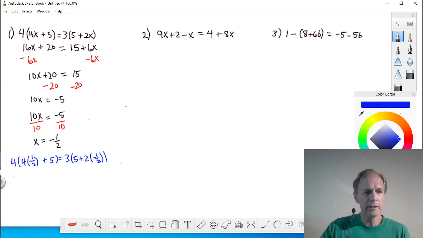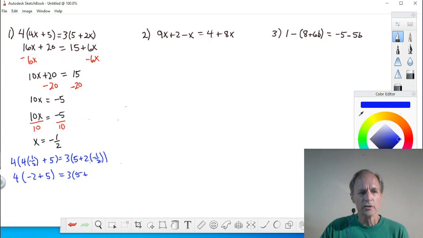Okay, let's plug and chug, see if it's right. 4 times negative 1/2, negative 2. 2 times negative 1/2, negative 1. Okay, the tedious part with the fractions is done. Hopefully the rest will work out.